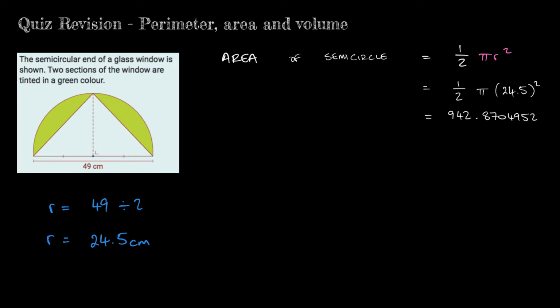We now need to go away and get the area of the triangle, right? And if we get the area of the triangle, we can take that away from the area of the semicircle, and that will tell us what is left, or what's the area of the green. So the second part is the area of the triangle.